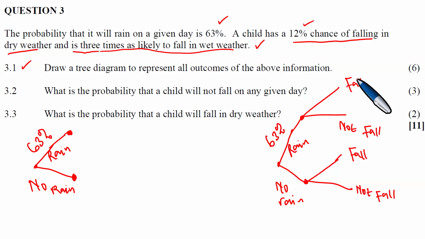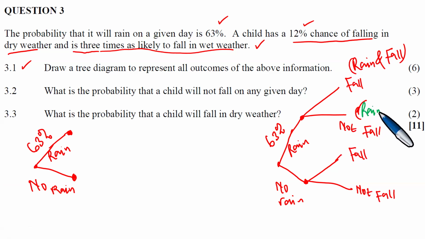Now, if the child falls here, what is happening is that there is rain and the child happens to fall. There is rain and the child falls. Here there is rain and the child does not fall.